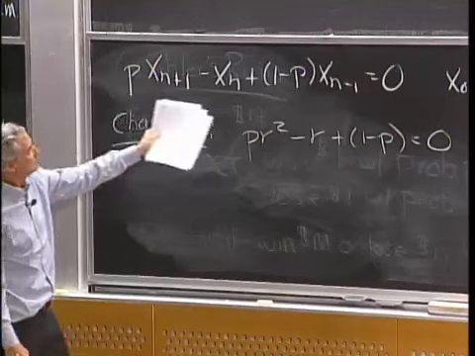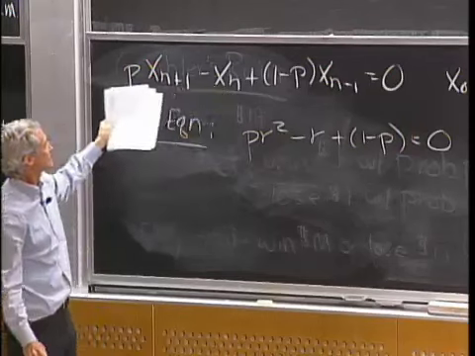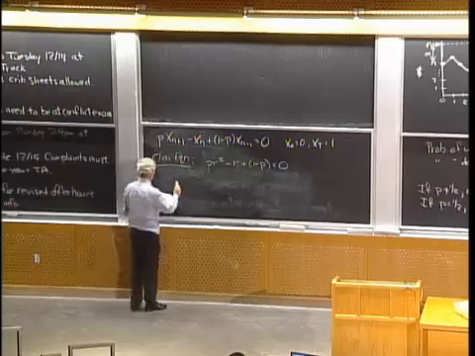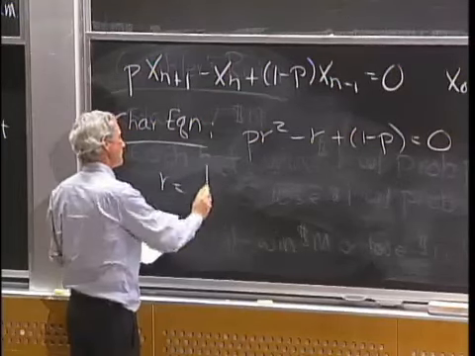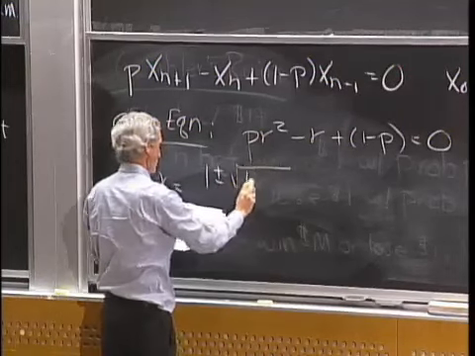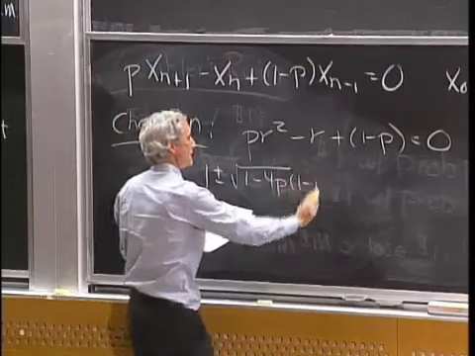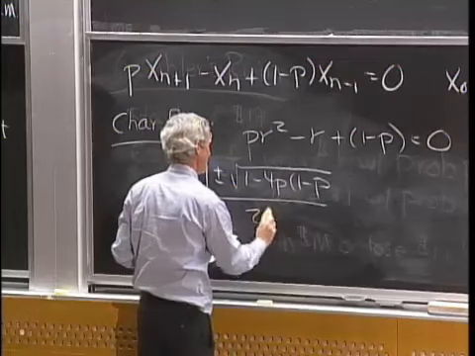So I make this be the constant term, then I have the first order term, then the second order term. All right, now I solve it. And that's easy for a second order equation. r equals 1 plus or minus the square root of 1 minus 4p(1 minus p), over 2p.